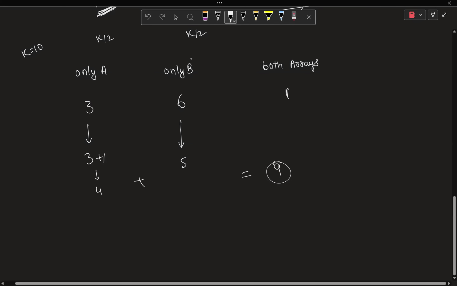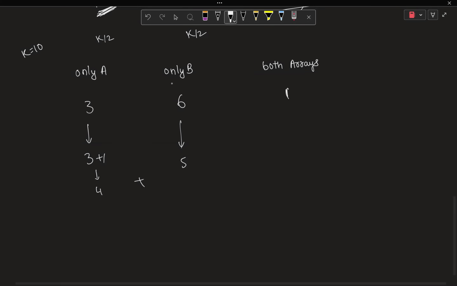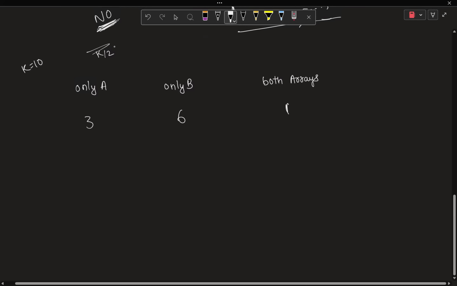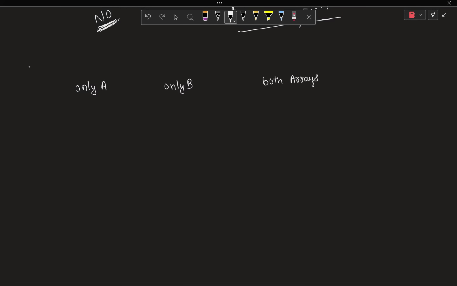So probably you got the idea. If the number of elements which belong to only one of the arrays is greater than k by 2, either for this array or for that other array, in that case, I will never be able to pick up the k by 2 elements from both of these arrays and have all the elements from 1 to k.